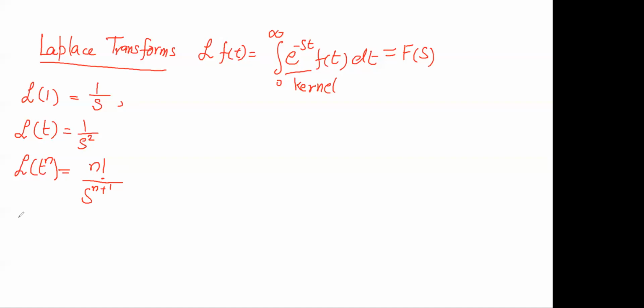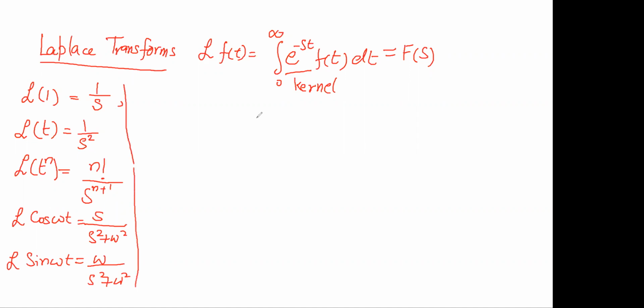And similarly, we also know that the Laplace transform of cosine of omega t is equal to s over s square plus omega square, and the Laplace transform of sine of omega t is equal to omega over s square plus omega square. All of these formulae can be derived by taking these integrals. Okay.